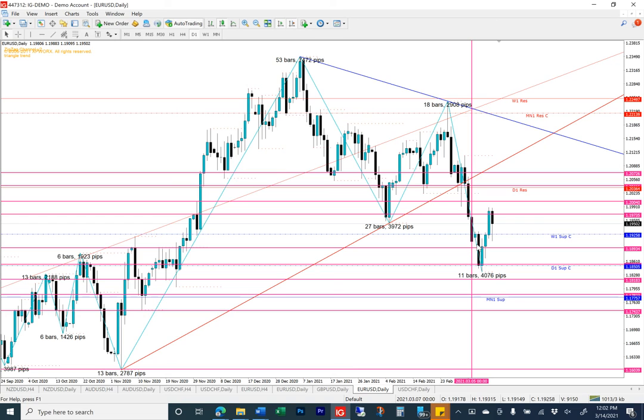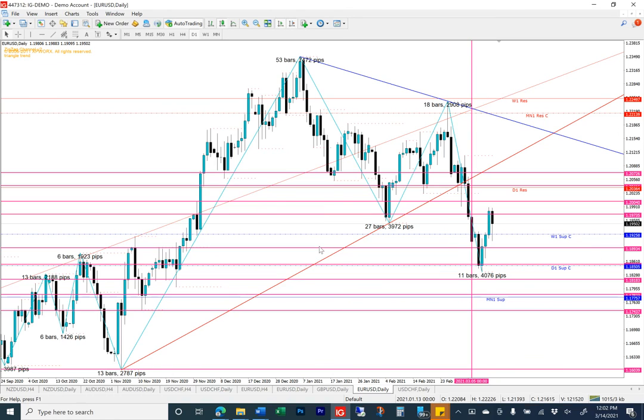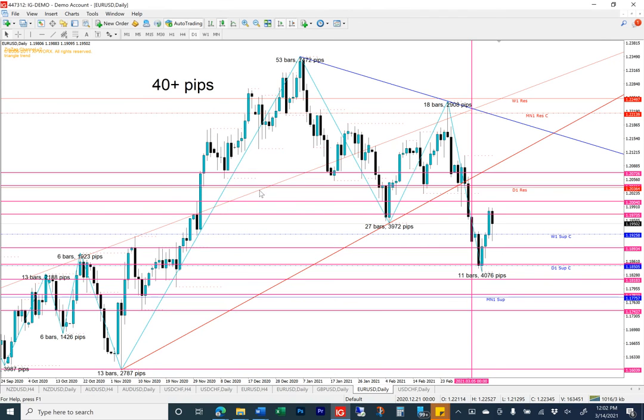If you happen to trade this setup, you did hit the take profit 1, potentially beyond, and this 40 pips. So we will see what happens in this upcoming week.